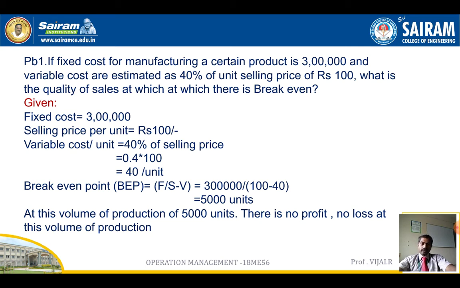So the break-even point, from the formula, is F, the fixed cost, divided by S minus V, the selling price minus the variable cost. Here the selling price is 100 and the variable cost per unit is 40, so the difference is 100 minus 40. Using this formula we find that the total quantity is 5000 units. So 5000 is the minimum quantity we have to produce to avoid a loss. This is the calculation part, how we find this break-even point.